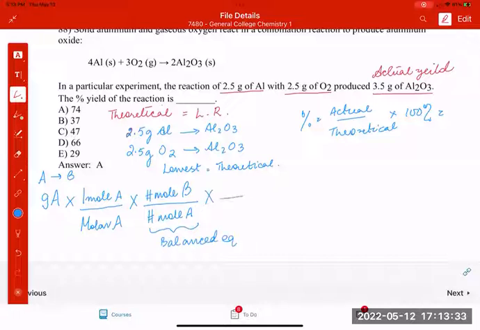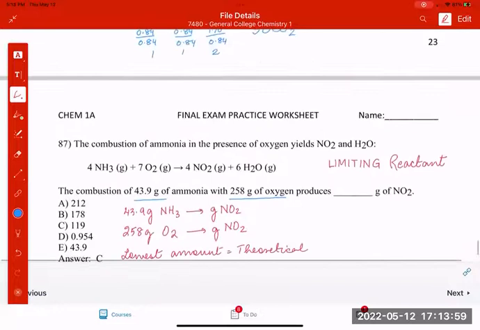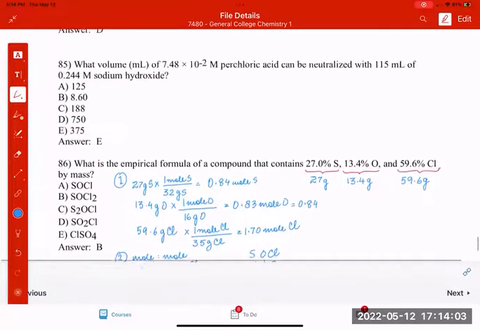Now you can stop here if you're just looking at the limiting reactant, but for these questions, you need to convert. Next you're going to take 1 mole of B over the molar mass of B, and that is going to give you the grams of B. So this is the strategy you will follow for this problem.